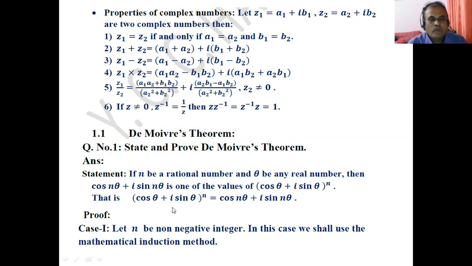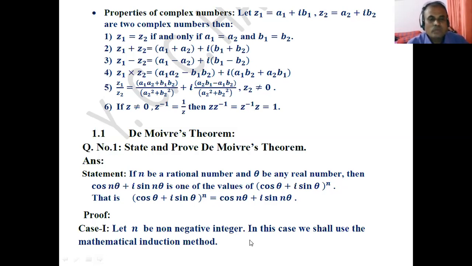Now the proof. There are three cases. Case first, n is a positive integer. Case second, n is a negative integer, and case third, n is a fractional number.